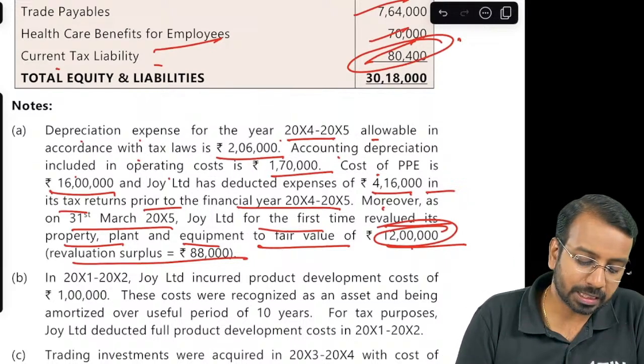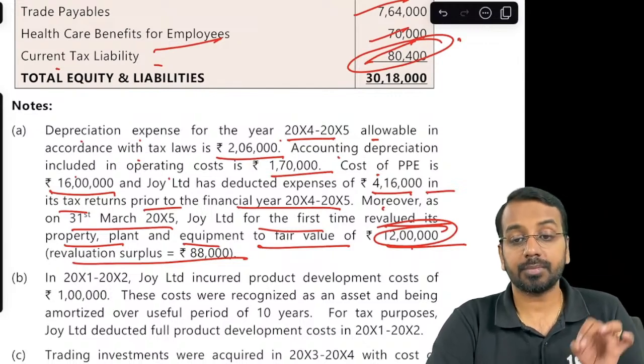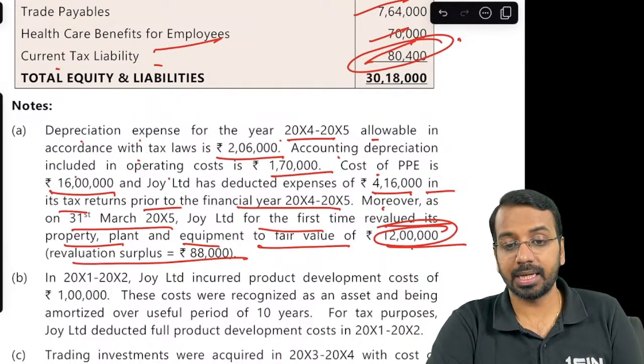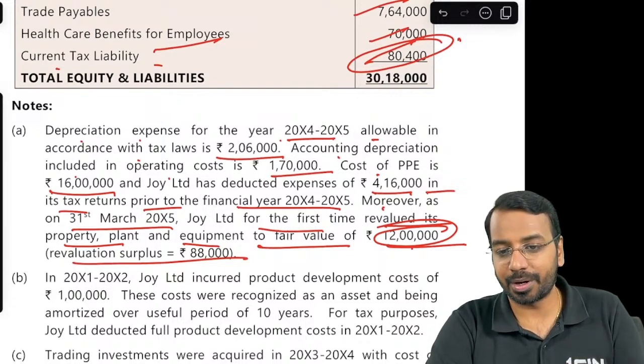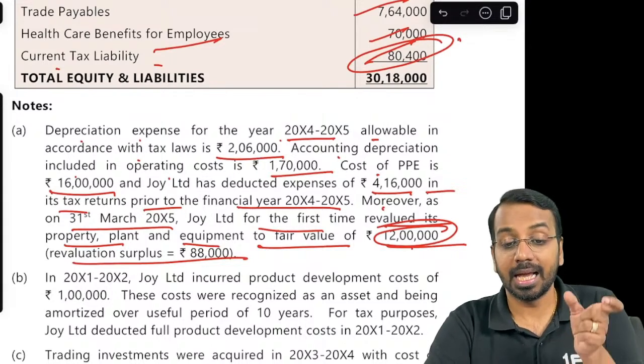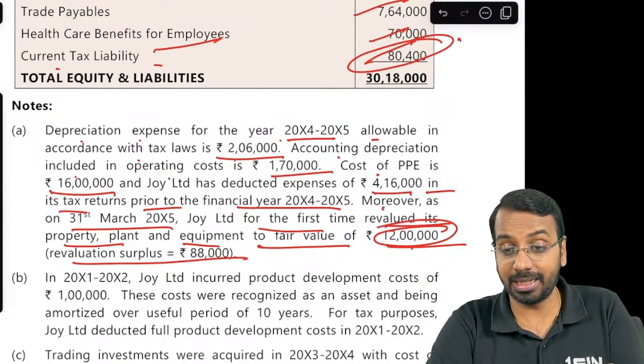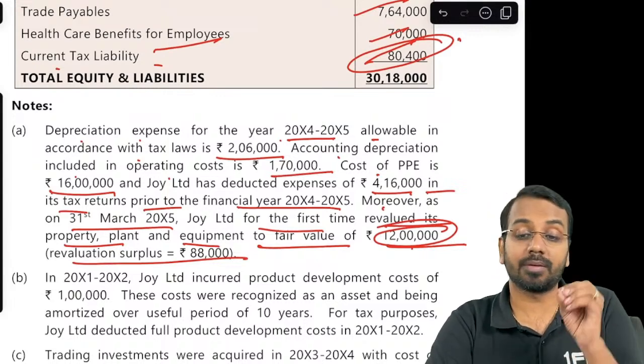Now out of this 12 lakhs, we have to see what is the tax base, then what is the temporary difference, and based on the temporary difference, you have to see whether it is a DTL or a DTA, and then see what is the value for tax purpose.